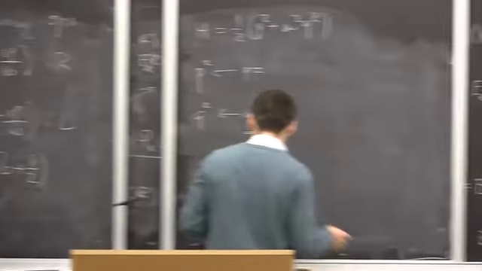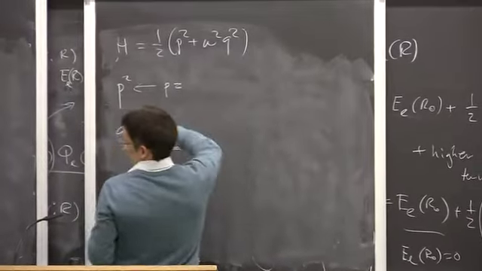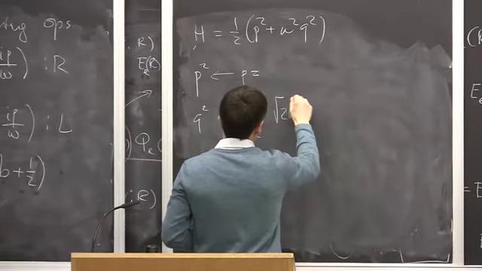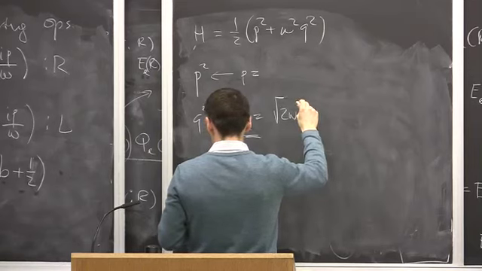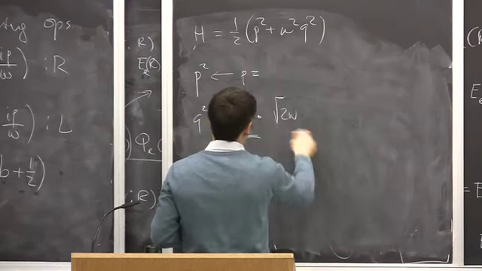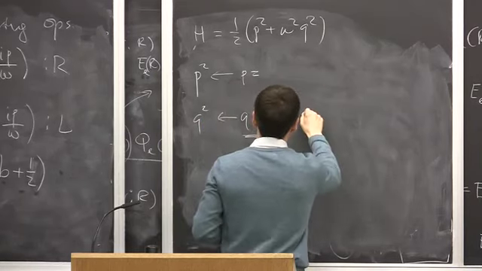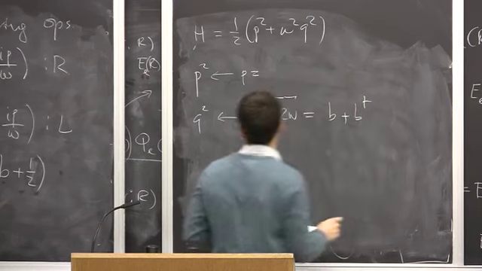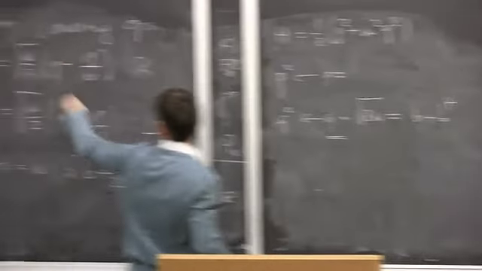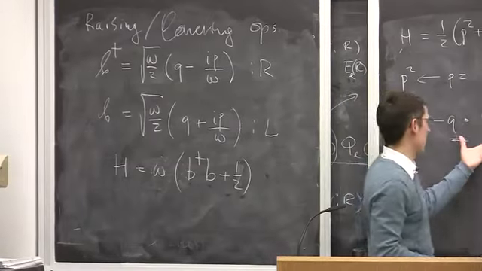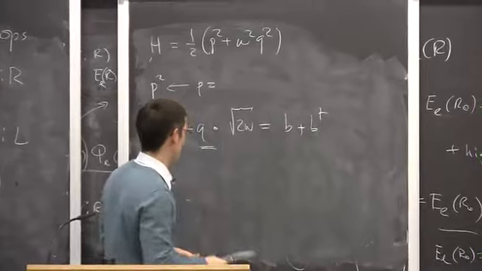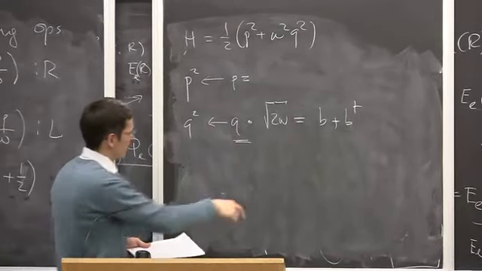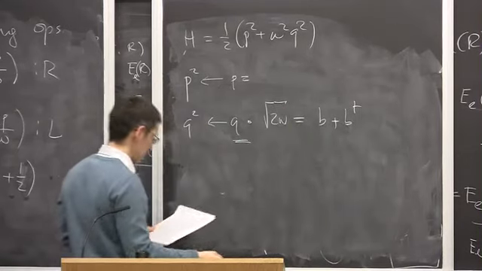So Q multiplied by 2 square root of omega divided by 2 equals B plus B dagger, and that is square root of 2 omega, okay?